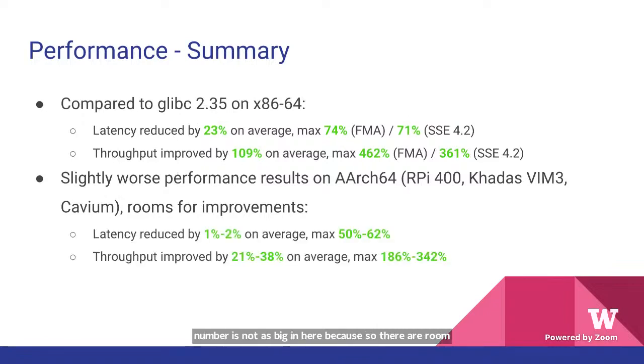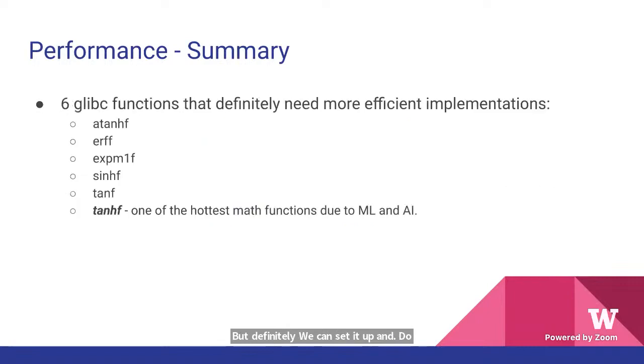The latency improvement is only 1 to 2% on average. The maximum is still 50%. For the throughput, we have about half the numbers. But definitely, we can set it up and do some improvement for ARM64.